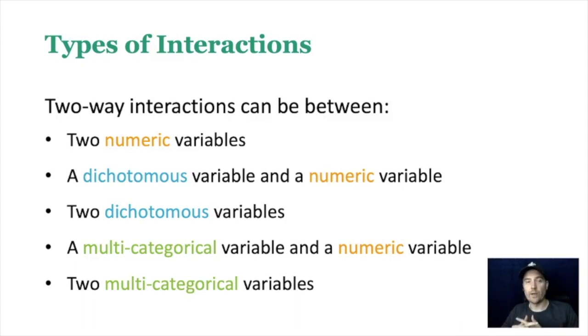When we're looking at two-way interactions, it can happen between two numeric variables. You can have a dichotomous variable and a numeric variable interacting. You can have two dichotomous variables interacting. You can have a multi-categorical variable and a numeric variable interacting. And you also can have two multi-categorical variables. All of these are going to be interpreted in very similar ways, but with some nuance.